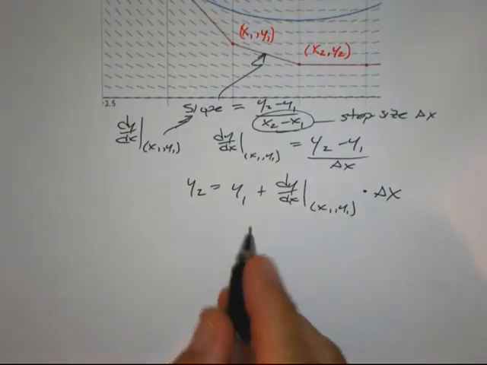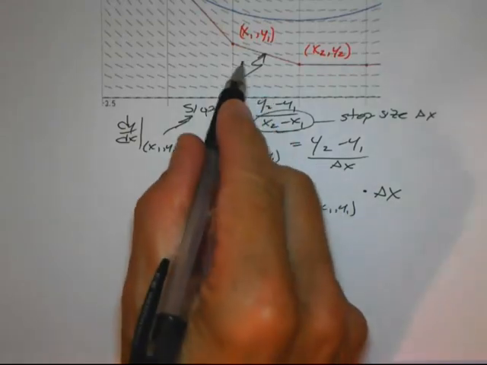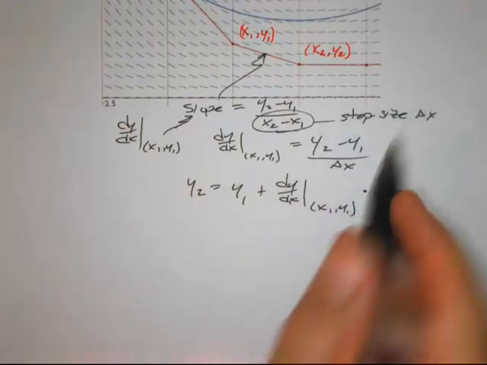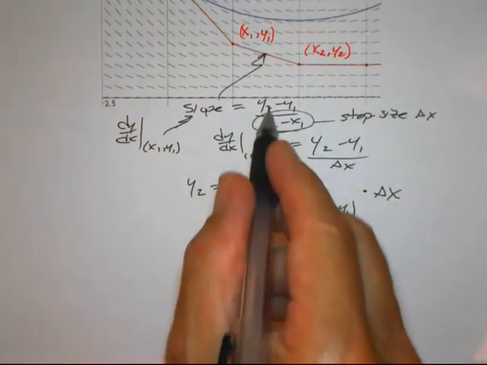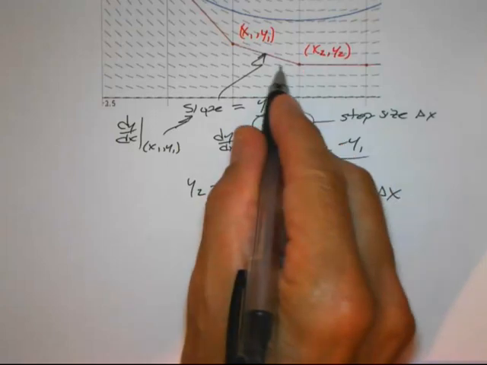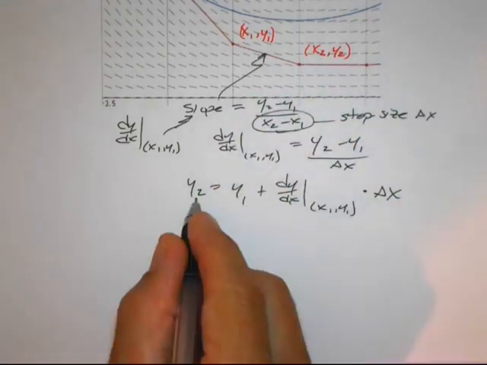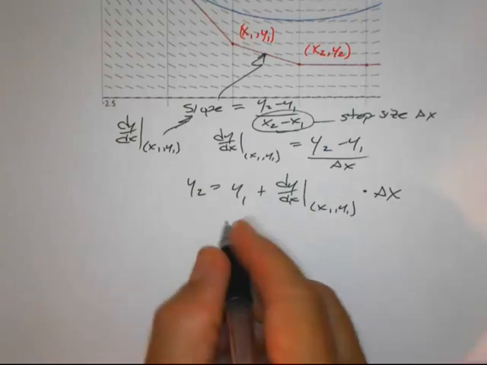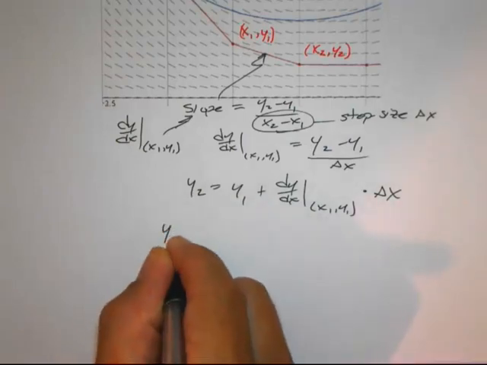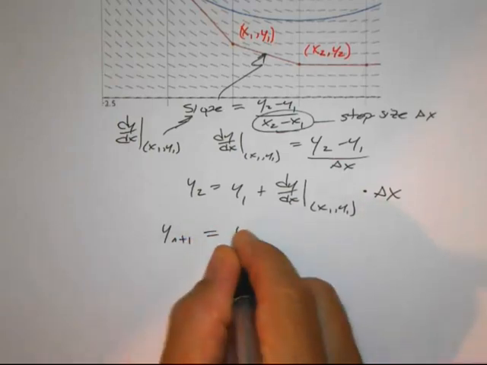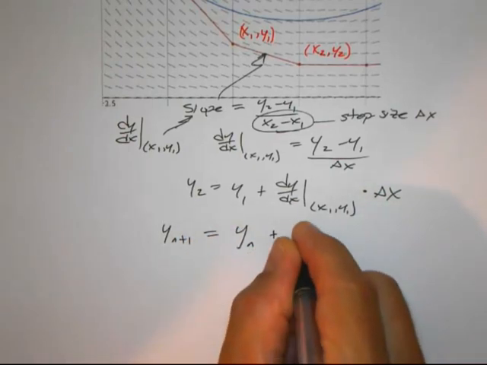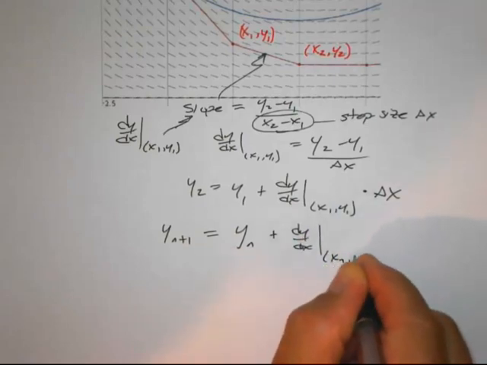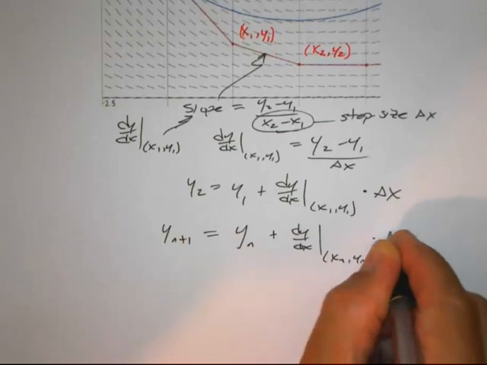Now, what we have here for this particular line segment really is done repeatedly throughout all the other line segments. It's just that we are computing for a future right-hand y, which always has an index 1 greater than the y of where you start from, and so this generalizes to y sub n plus 1 equaling y sub n plus dy dx evaluated at x sub n, y sub n times delta x.